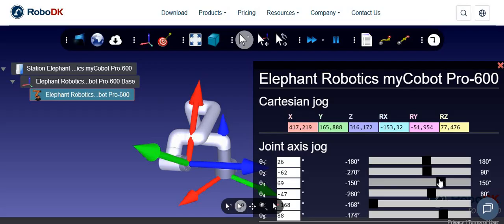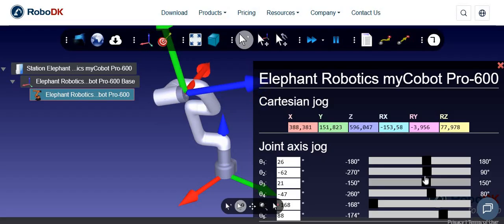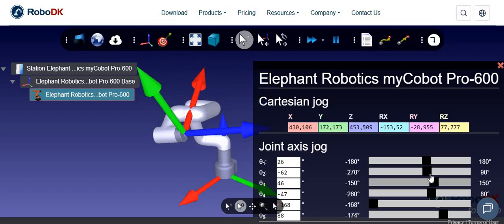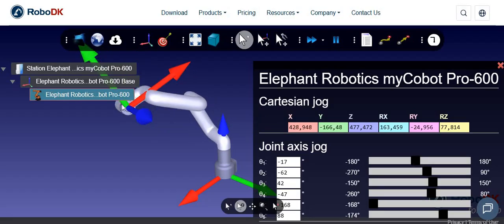Because as you can see, we got a reference frame, and this is the reference frame, and both these frames are references, and we can also attach it on the other joints, on the end of the link frames.